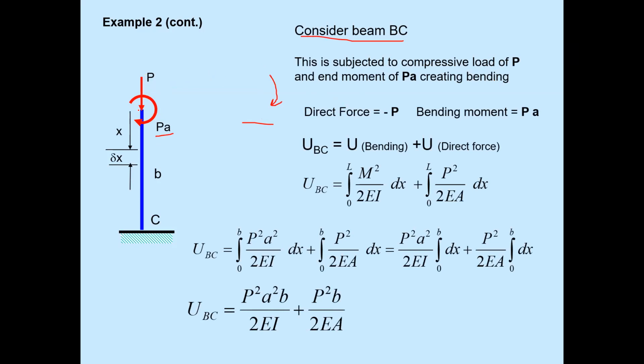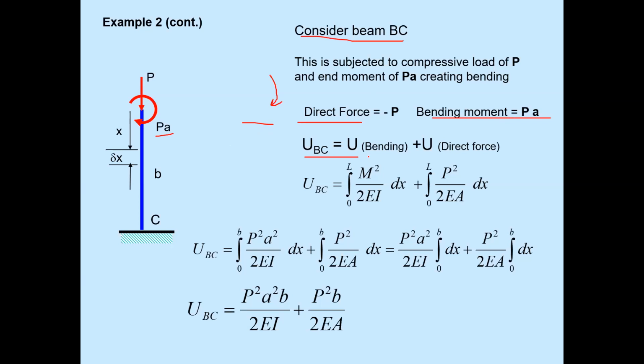A compressive load is applied to that beam BC, and the moment due to that force P is equal to PA. Again, the direct force is P and the bending moment is PA. So strain energy is first stored with respect to the direct force P, and then the strain energy stored due to bending will be different.